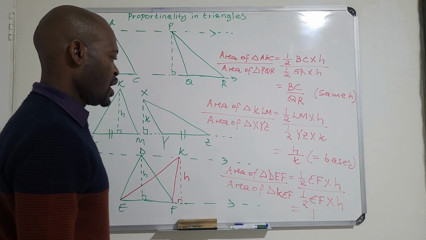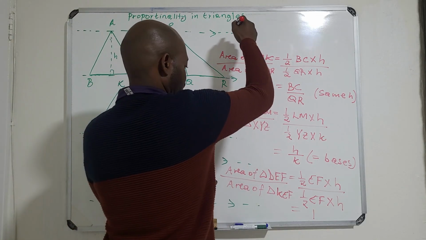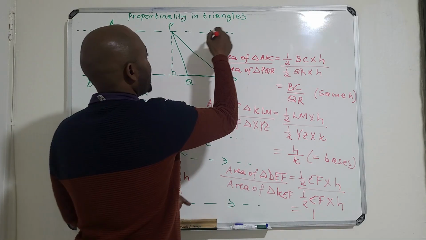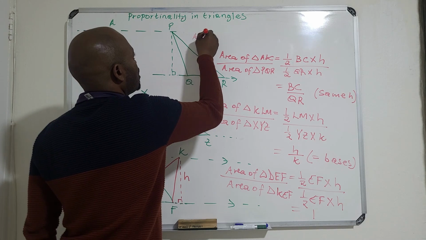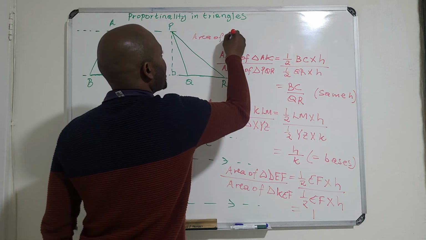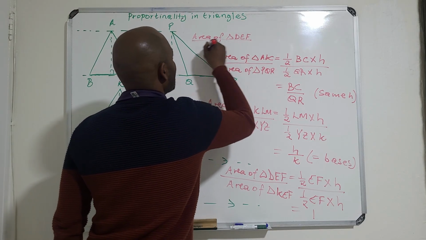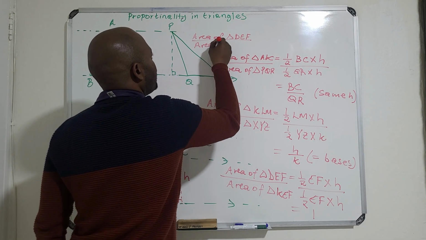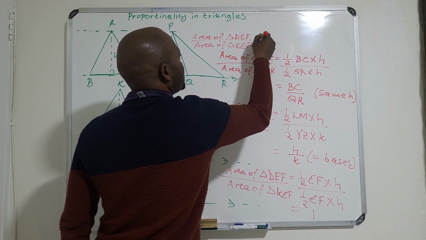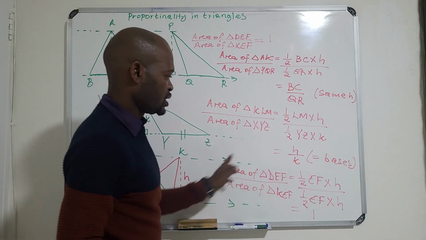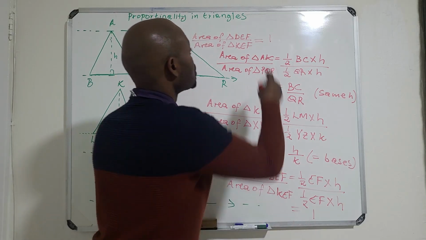This becomes 1. This means that the area of triangle DEF over the area of triangle KEF is equal to 1. That's what this means. Since these have cancelled, this is equal to 1.